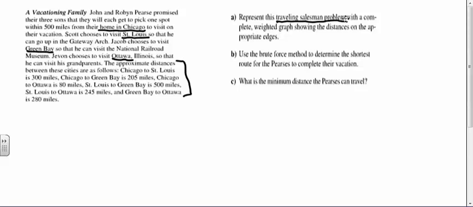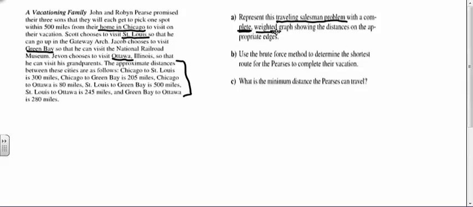So to construct this graph, we're going to start with 4 vertices and then connect them all to make a complete graph. A complete graph, that just means there is an edge from every vertex to every other vertex in the graph. And then it has to be weighted.